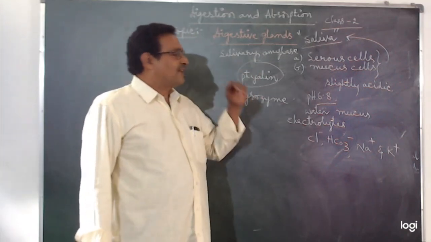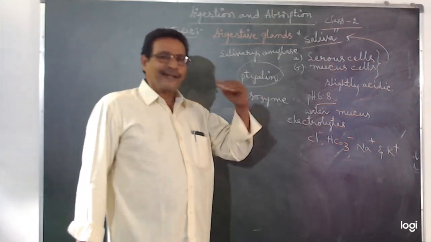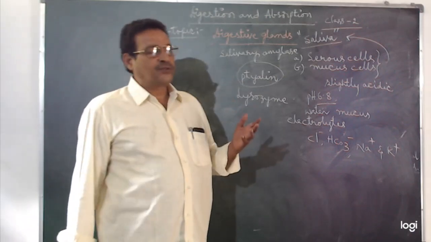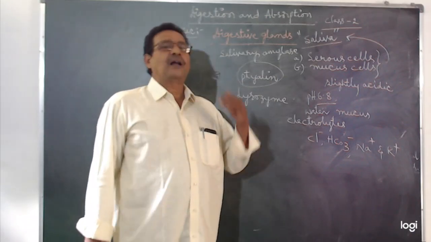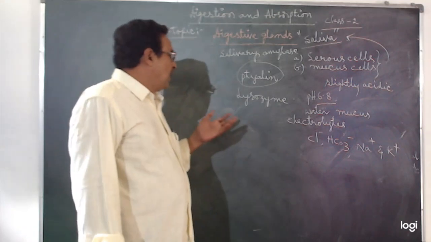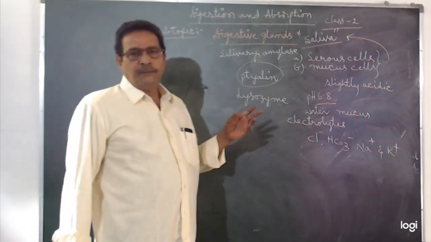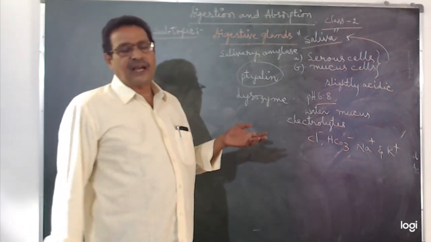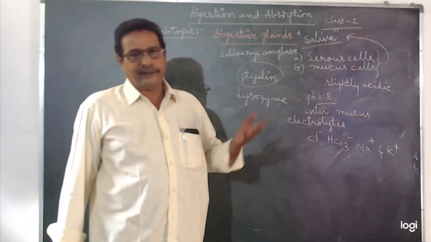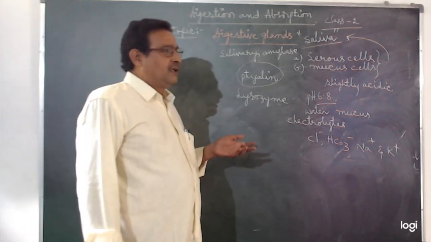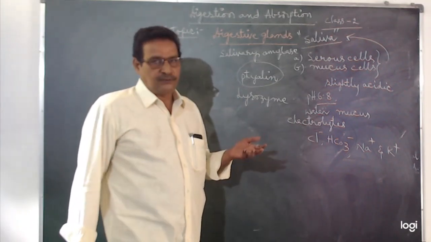Ptyalin is also known as salivary amylase, which acts on carbohydrates, polysaccharides, or starch. Ptyalin converts the polysaccharides into disaccharides, such as maltose.